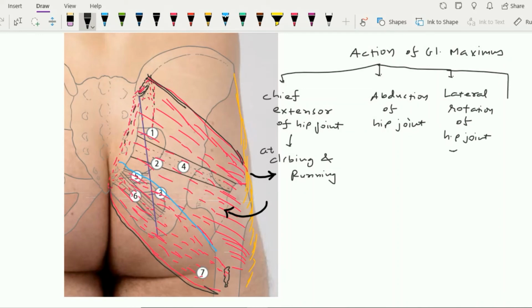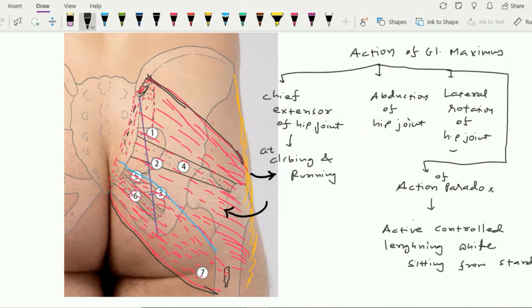And the most important action of the gluteus maximus is the action of the paradox. This action of the paradox is nothing but the active controlled lengthening of the muscle fibers of the gluteus maximus at the time of sitting from a standing position. So this is all about the important actions of the gluteus maximus muscle.